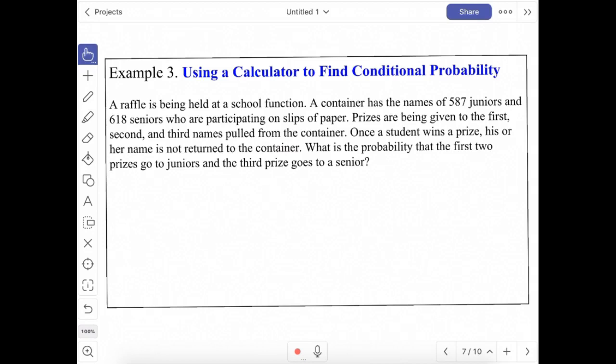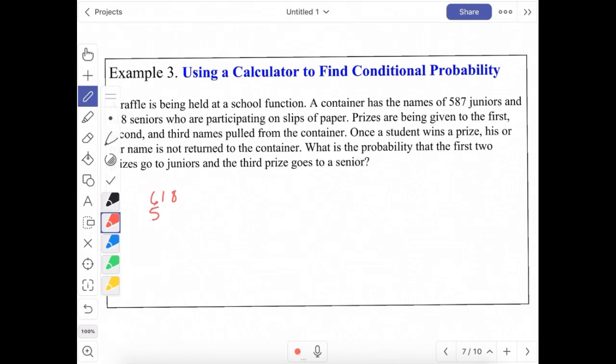So first of all, we want to know what our total number is. So 618 and 587, that's 1205.